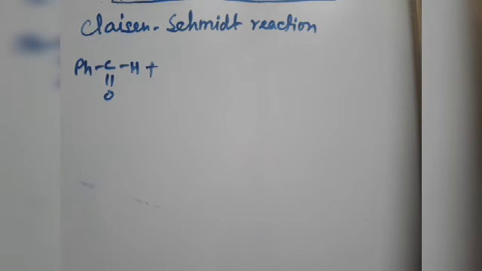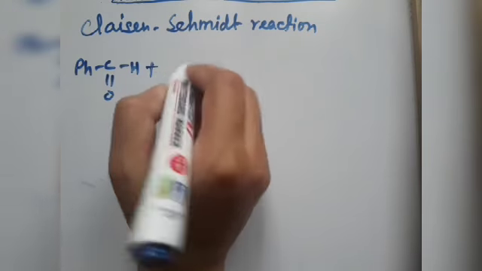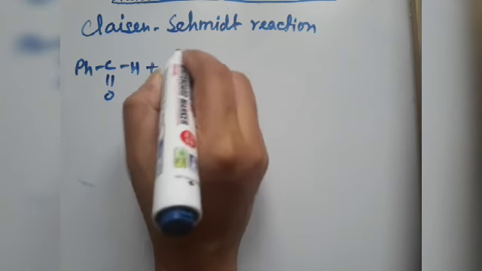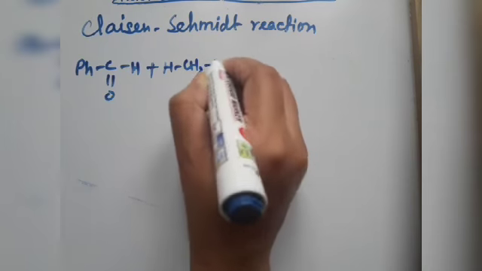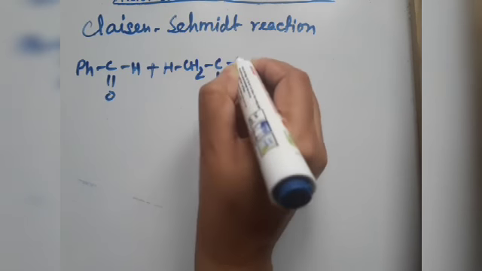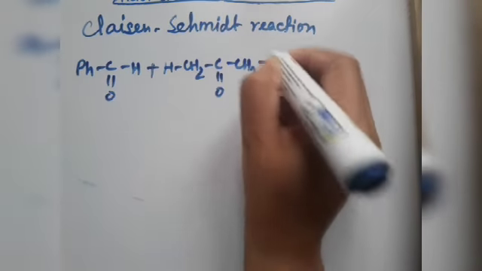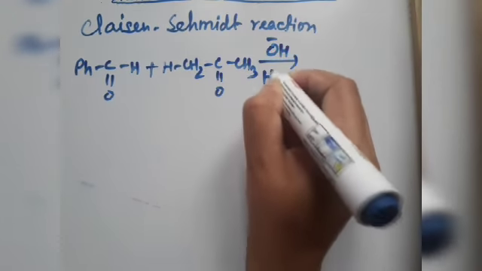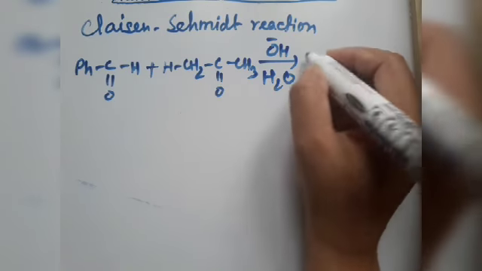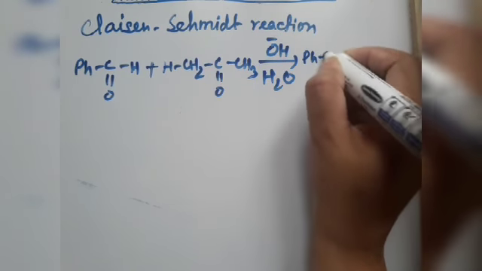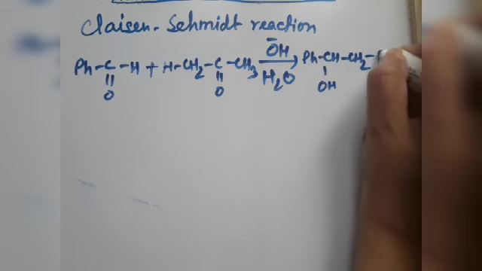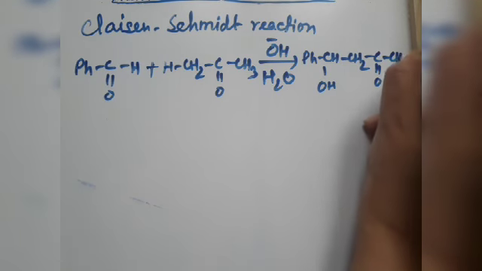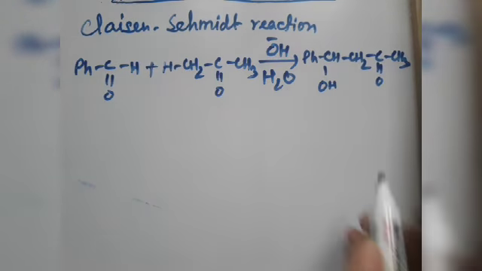Clear? Or suppose you are using benzaldehyde along with acetone, writing acetone like this, CH3COCH3, correct? So OH minus, H2O. After the condensation reaction we will get PhCHOH CH2COCH3, right?